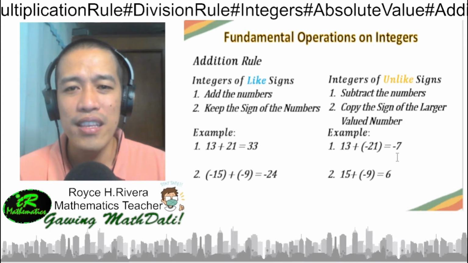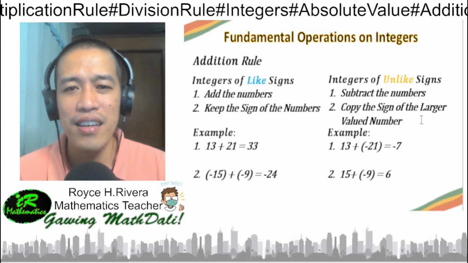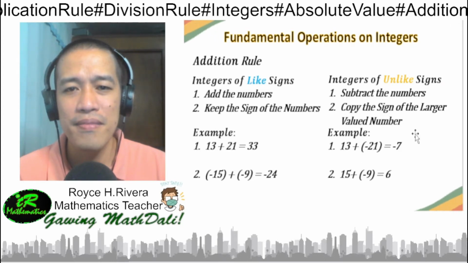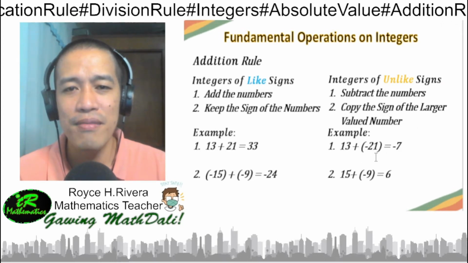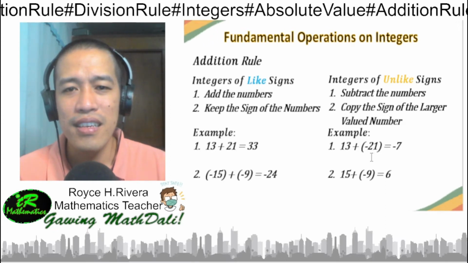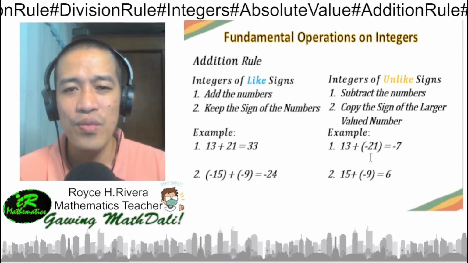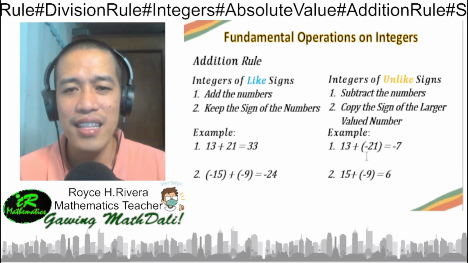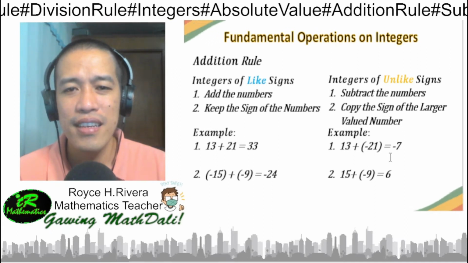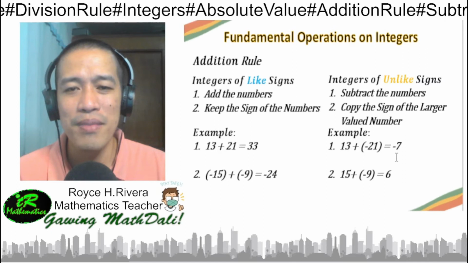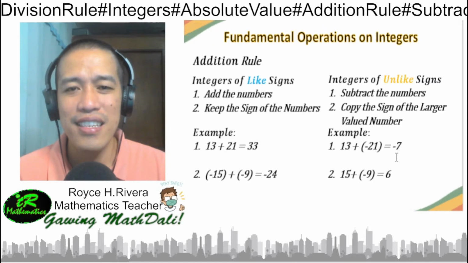And we need to copy the sign of the larger valued number. The larger valued number is 21. Its sign is negative. Then our answer should be negative 8.